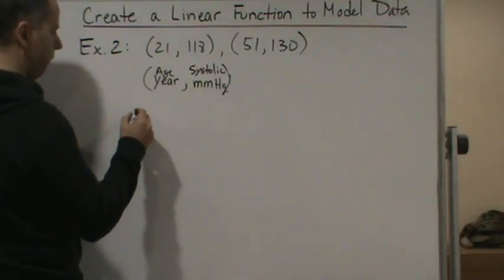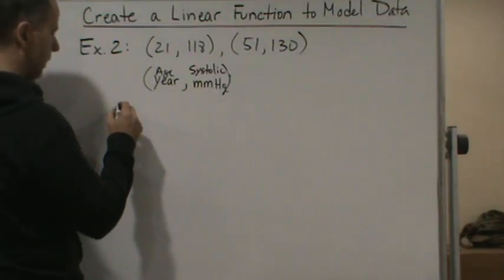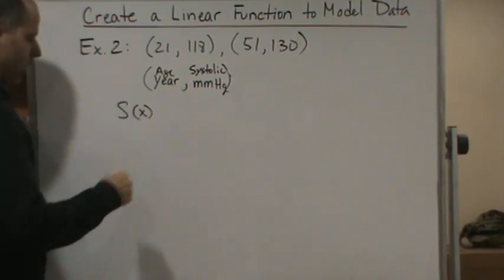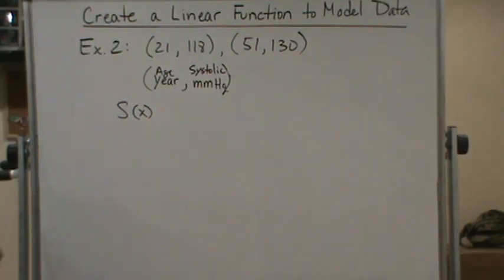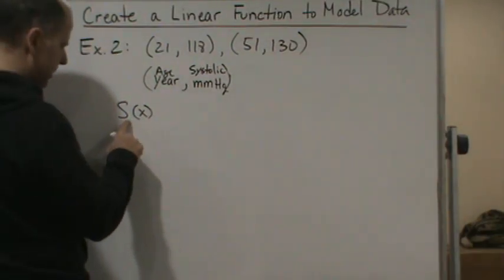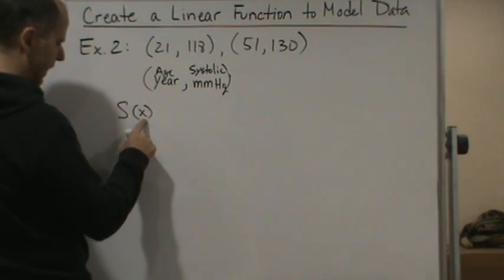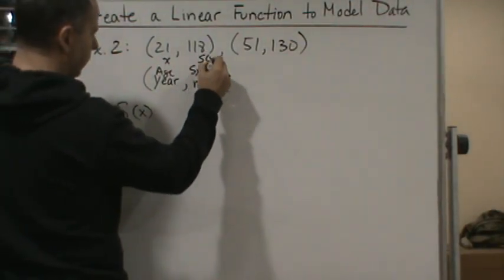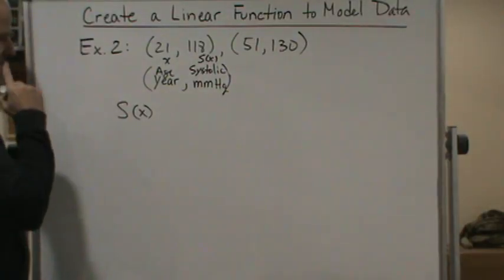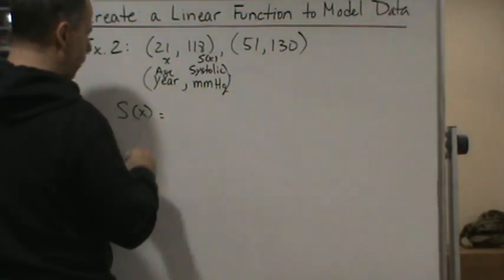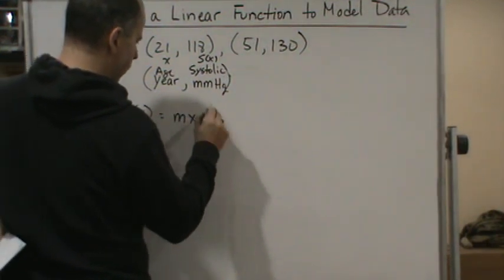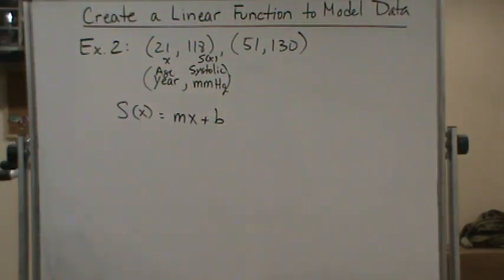We want to find systolic blood pressure, let's call it S of X, based on X, which would be years. So we'll use function notation, X and S of X. Now we want to find mx plus b, the slope and the y-intercept.